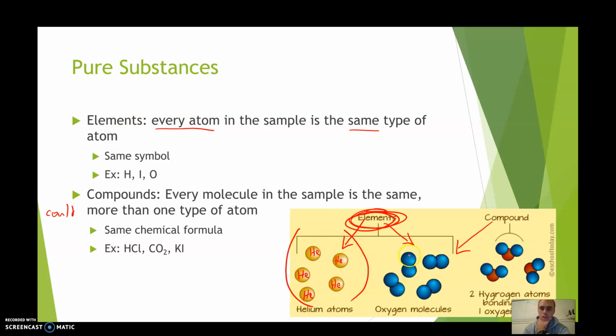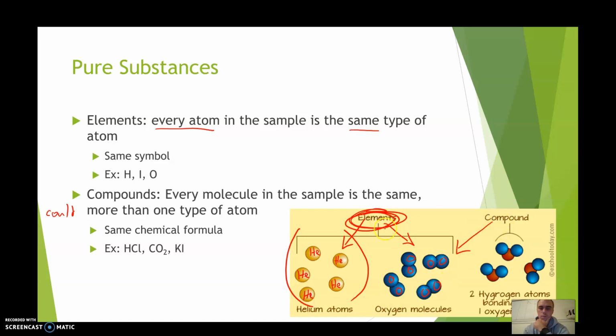Over here, if we're calling this oxygen, everything still has the same symbol. Okay, all of those are O's on the periodic table. And because of that, it's considered an element. Because there's more than one bonded to each other, it's considered a compound.